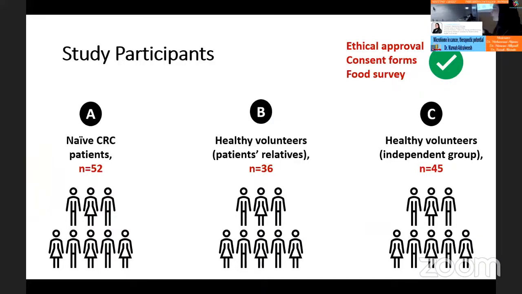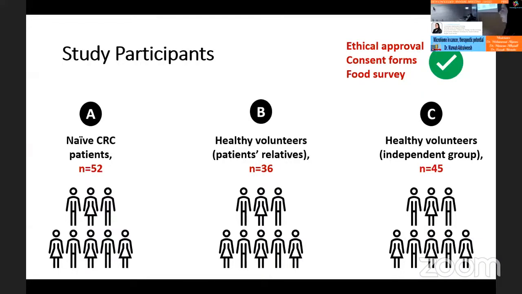We refer here to naive because we recruited patients who are recently and newly diagnosed with colorectal cancer before any intervention, before chemotherapy, before the surgery, before the radiotherapy, because we want to study the microbiome as it is without any intervention.